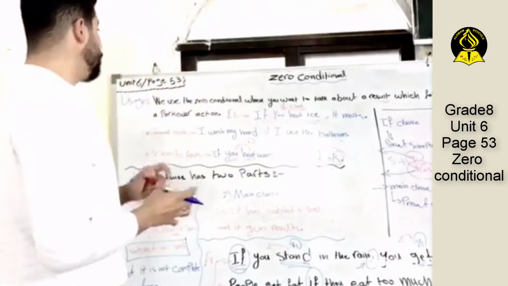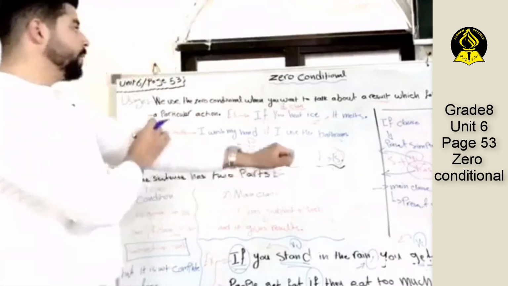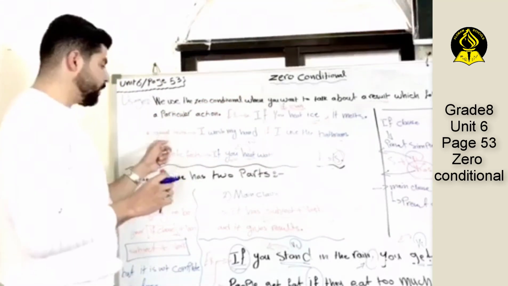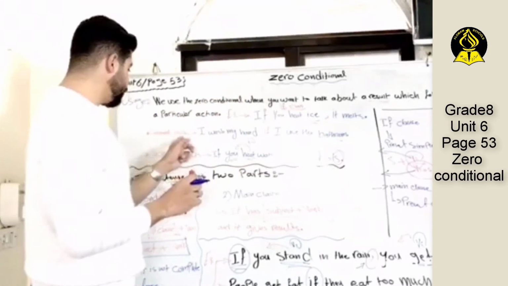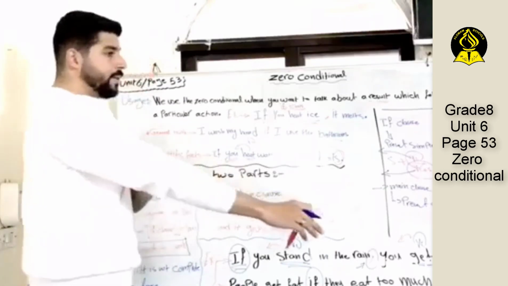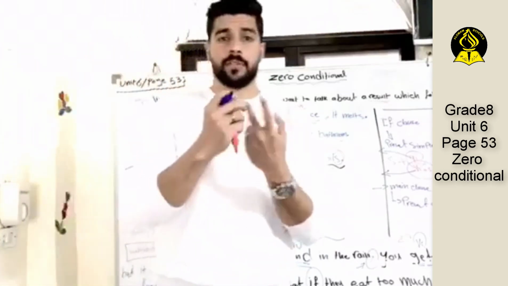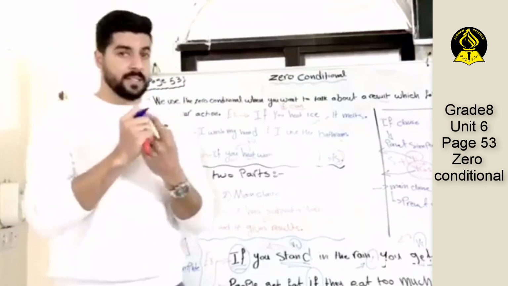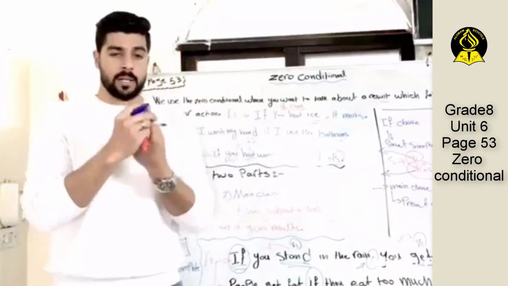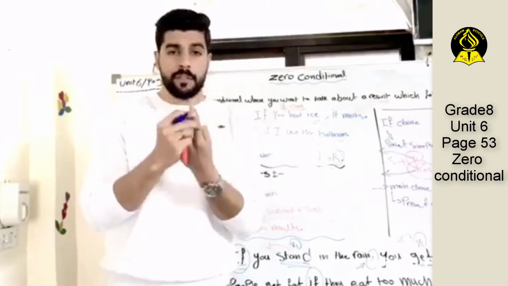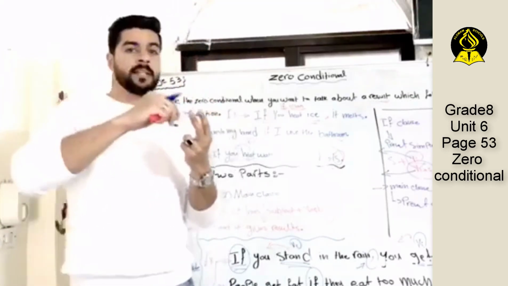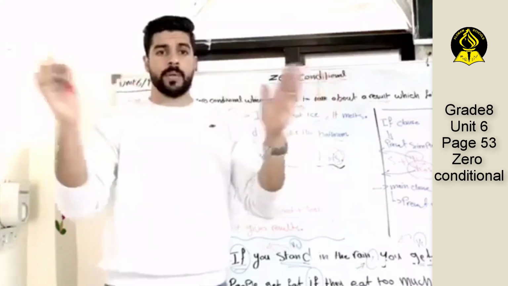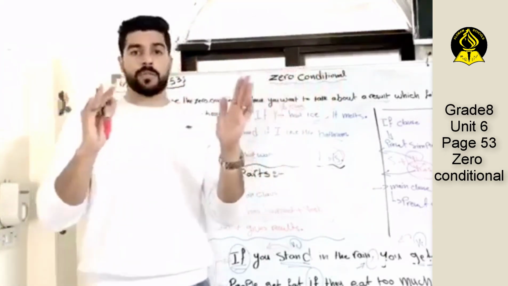So again, we use zero conditional when you want to talk about a result which follows a particular action, with general truth, with scientific facts. And we have two parts, if clause and main clause. If the sentence starts with if clause, we need a comma to separate the if clause from the main clause.